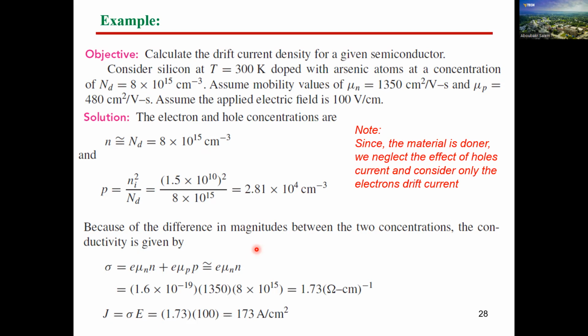Can you imagine, guys, now? The arsenic-doped silicon, this N-type material, can carry up to 173 ampere per square centimeter. So this is the meaning of calculating the current density of this semiconductor material.